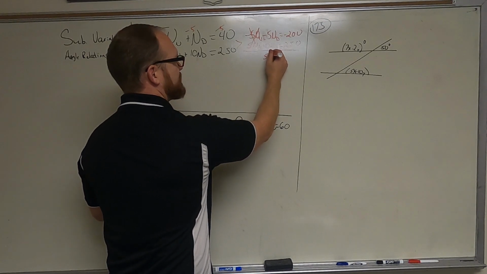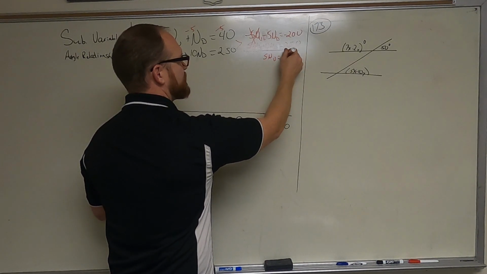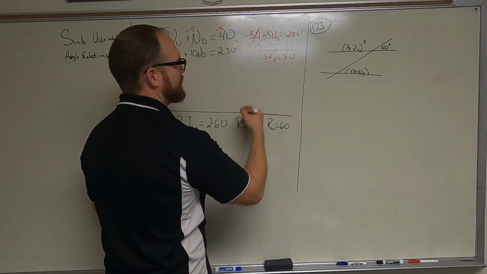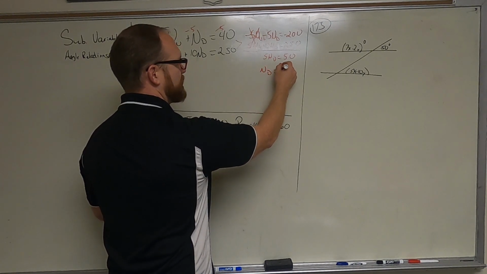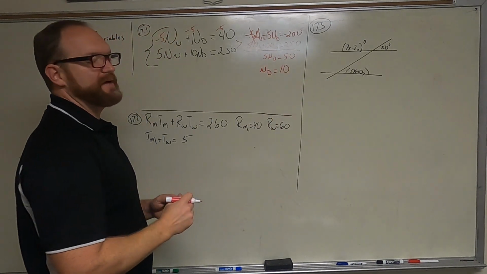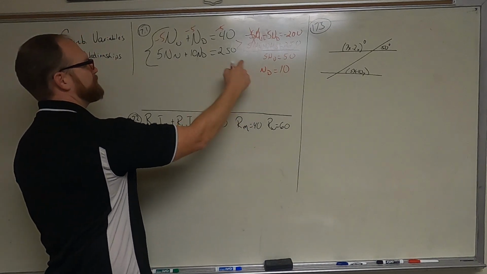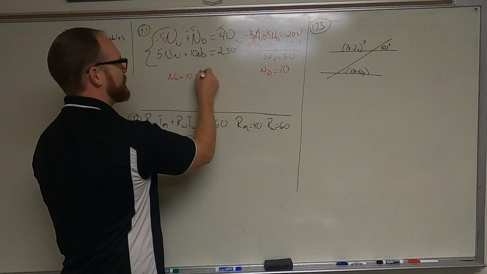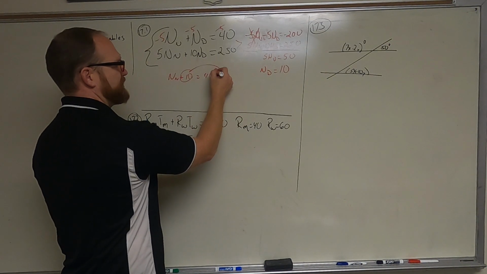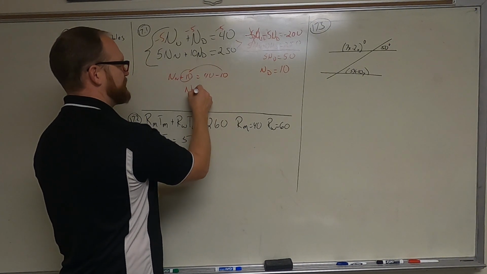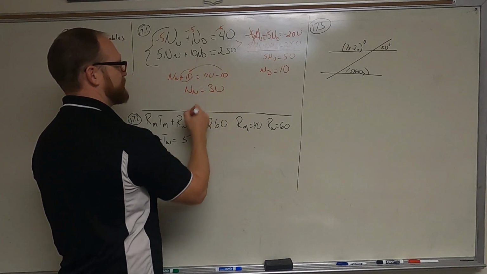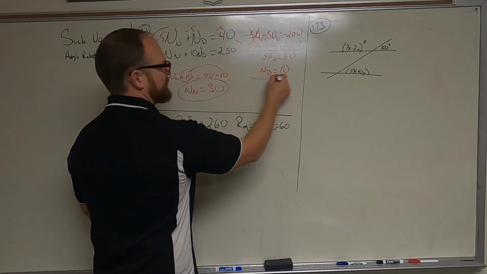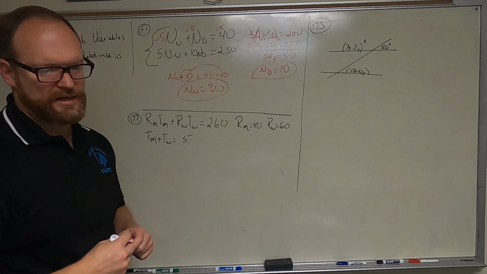I end up with 5 ND equals 50, because 250 minus 200. And then ND equals 10. And if ND is 10, we could easily plug it back into NN plus ND equals 40. Change sides, change signs. NN equals 30. And so we end up with our two answers right there for NN and ND.